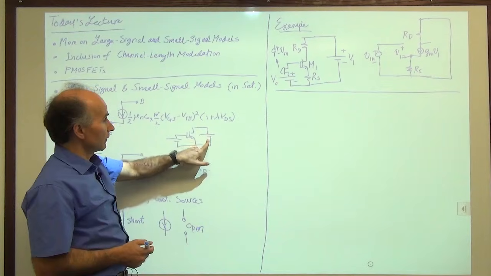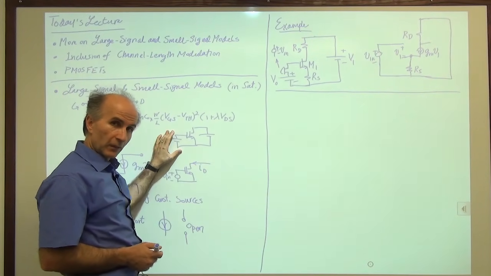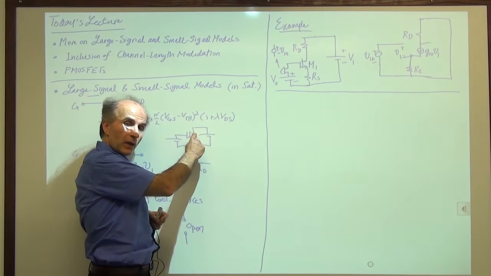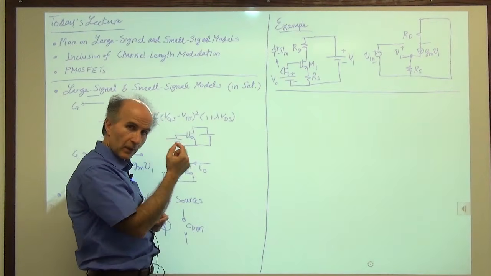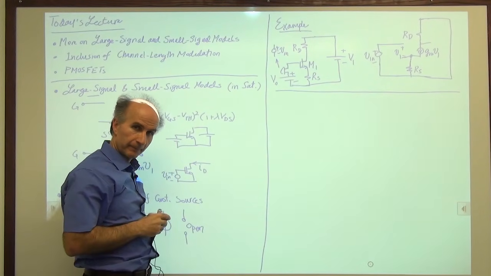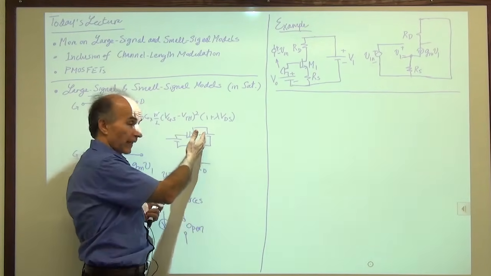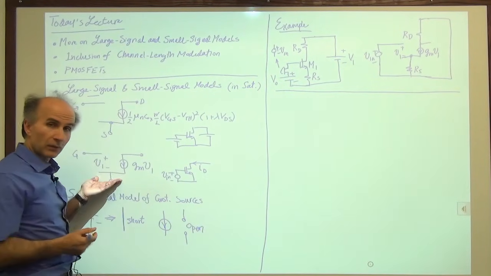So if I change this voltage here, this current changes, even though VGS is constant, because we saw that the pinch-off point near the drain keeps going towards the source. The actual length becomes a little shorter, so the current increases. So now we are wondering if this effect, channel length modulation, impacts this small signal model.